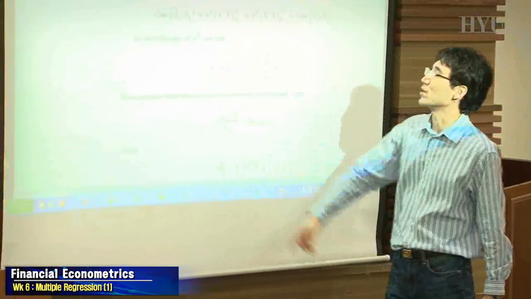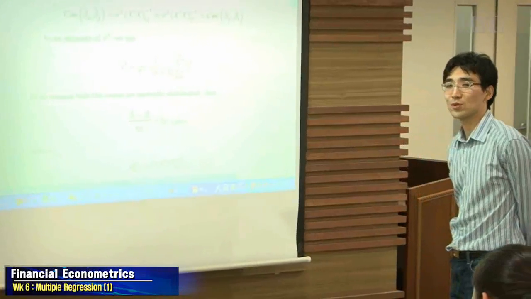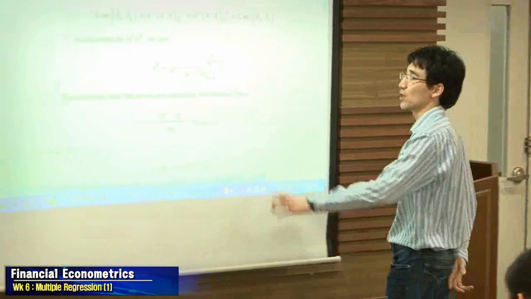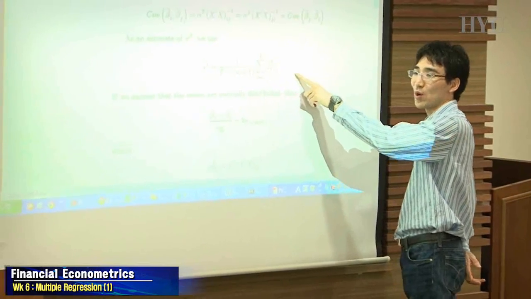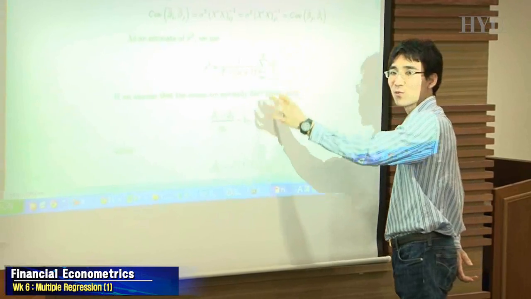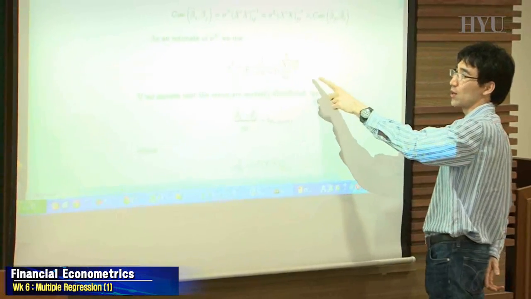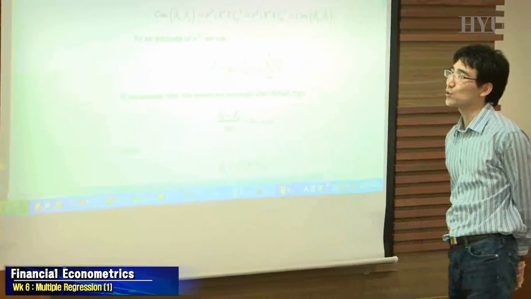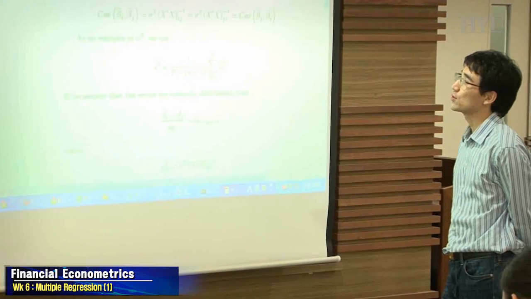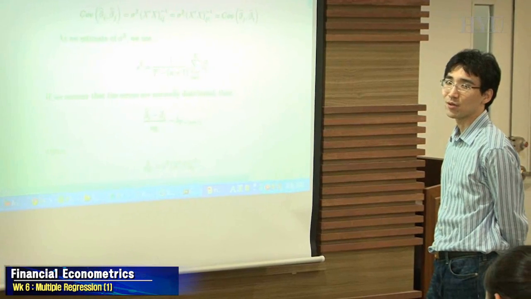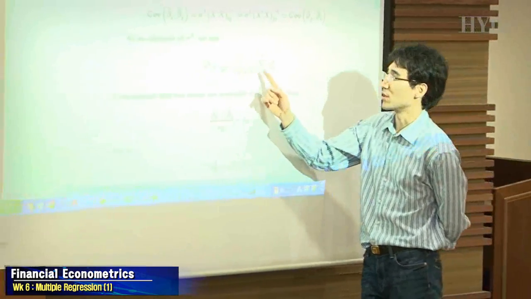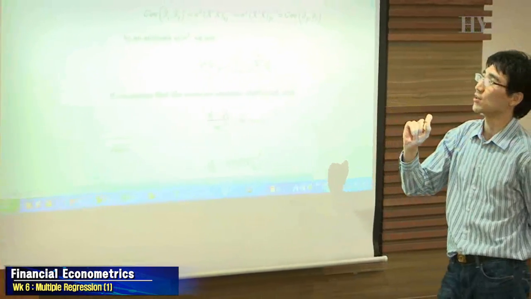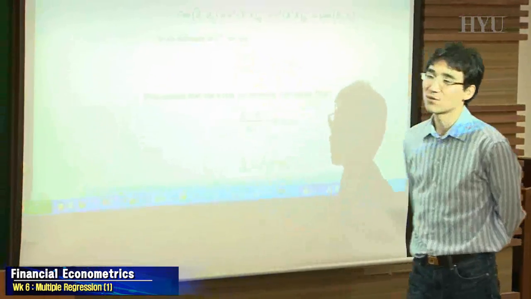Once we do the regression, we can get the errors of the regression, which is basically y minus y hat, given y minus our estimate of y. Then we take the sum of the squares of those regression errors, and we divide by the degrees of freedom, and we will get an unbiased estimate of this variance.